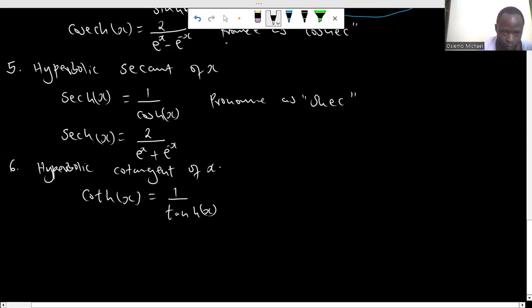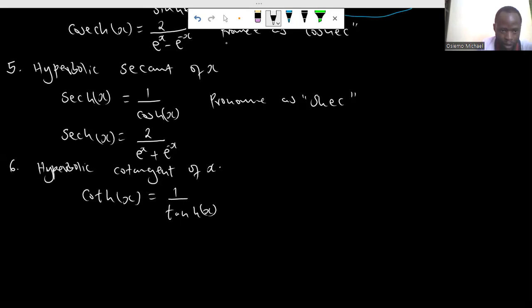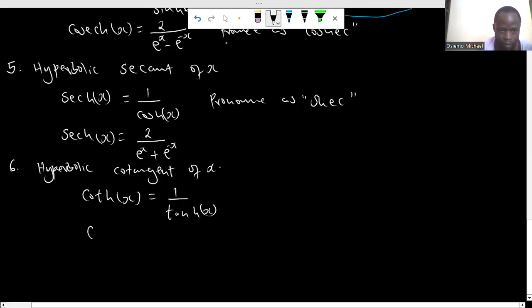So this implies we're going to have the coth of x as being equal to the reciprocal of tan hyperbolic of x, which is exponential x plus exponential negative x, all over exponential x minus exponential negative x.